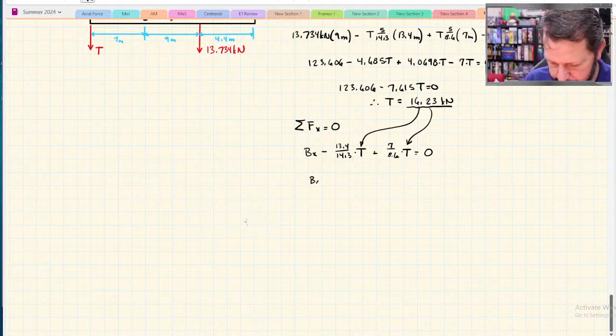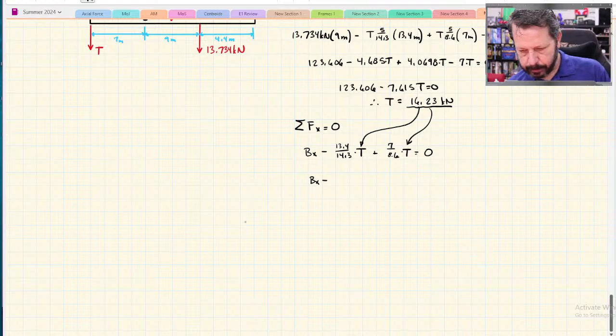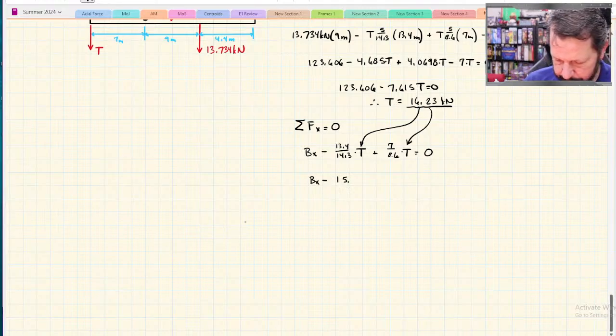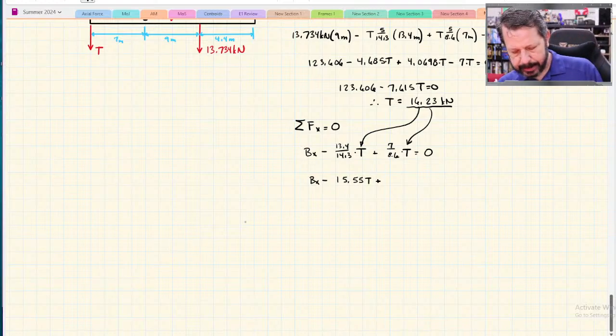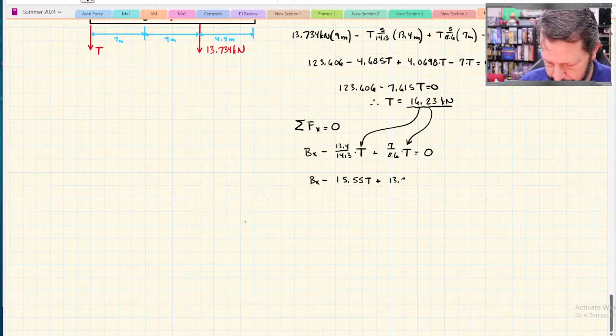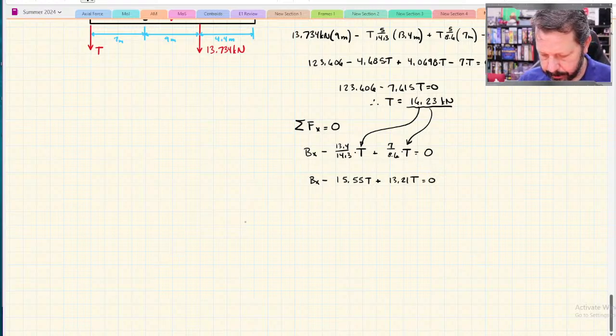So bx minus 16.23 times 13.4 divided by 14.3, 15.55t, plus 7 times 16.23 divided by 8.6, 13.21t. So we combine those together. Looks like they'll be negative.